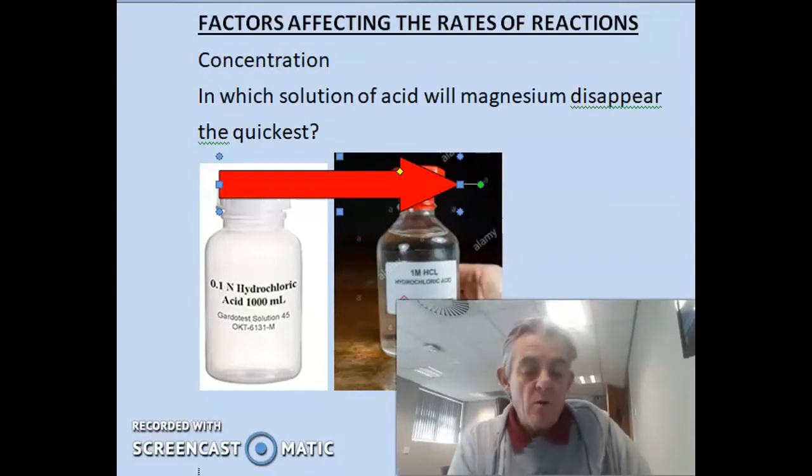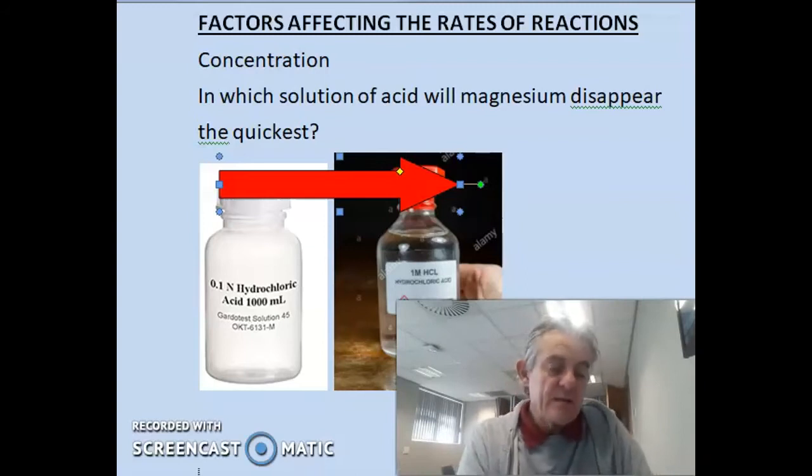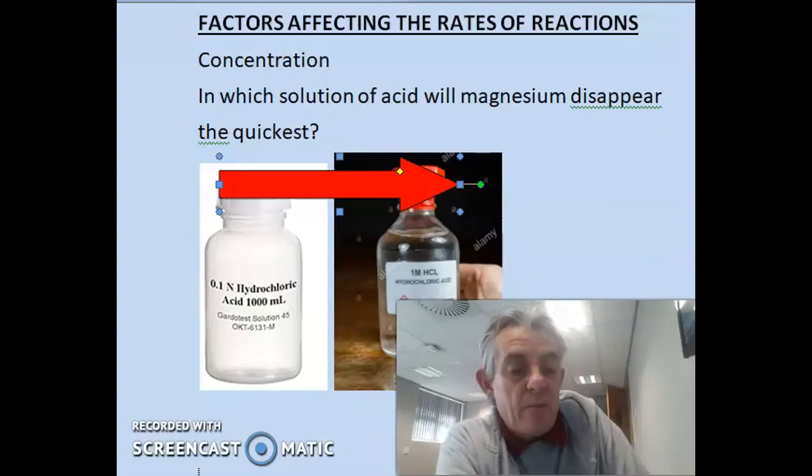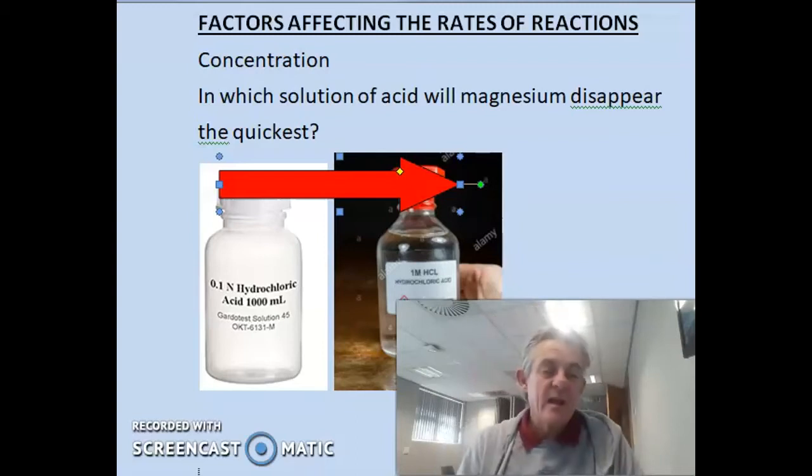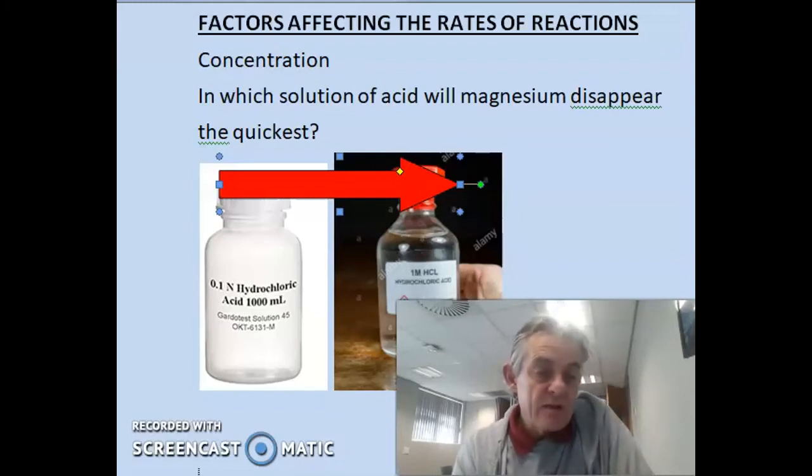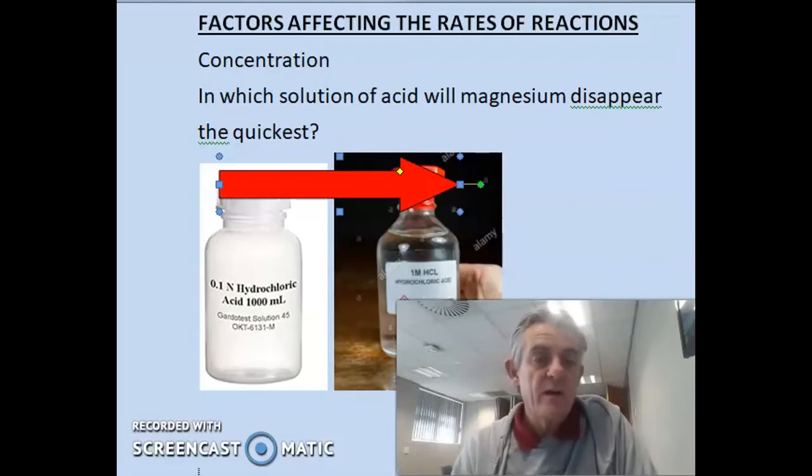When we look at what happens at a particulate level, you will understand that the more concentrated an acid is, the more particles there are to collide, and therefore the faster the rate of the reaction.